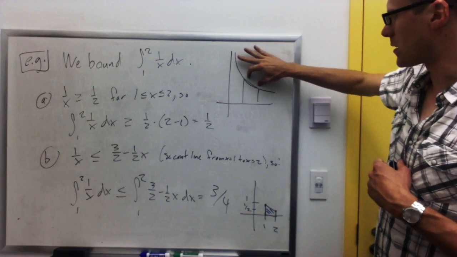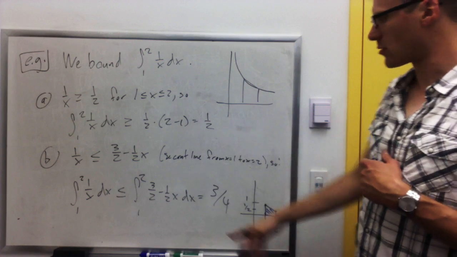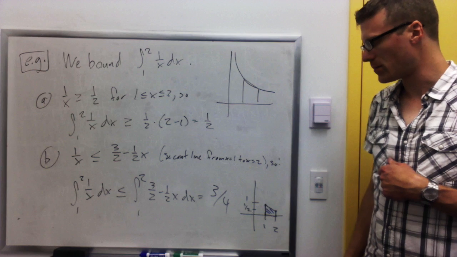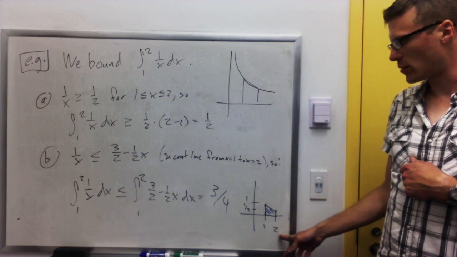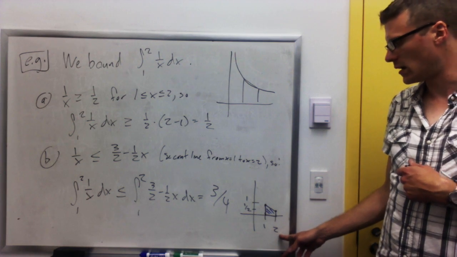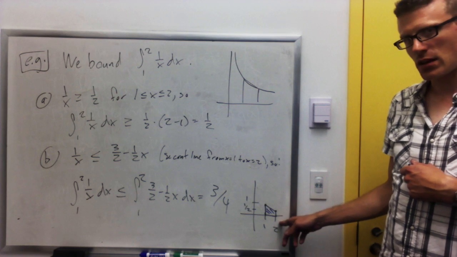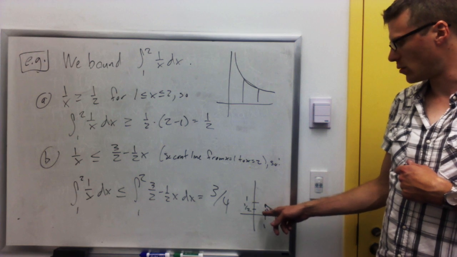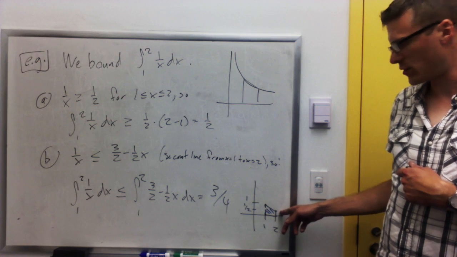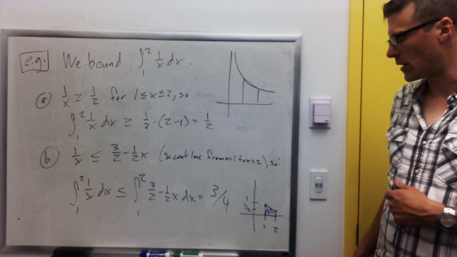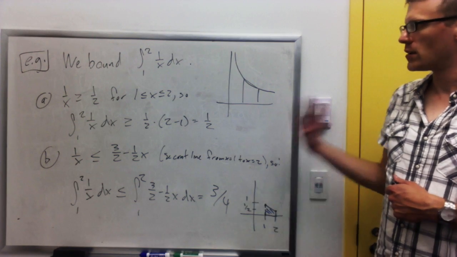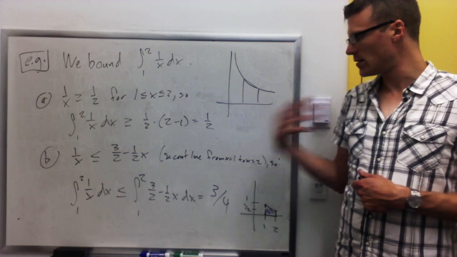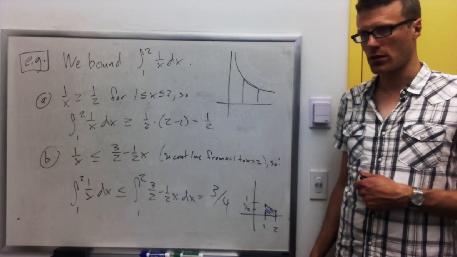So the secant line is bigger than the actual function, and so the integral from 1 to 2 of the secant line is bigger than the integral from 1 to 2 of 1 over x. And you can use some geometric considerations to find that the integral of the secant line is 3/4. It's a trapezoid of base 1, height 1 on one side, and height 1/2 on the other side. So the trapezoid area formula gives us 3/4. So this integral from 1 to 2 of 1 over x dx is at least 1/2, but it's less than 3/4. Okay.